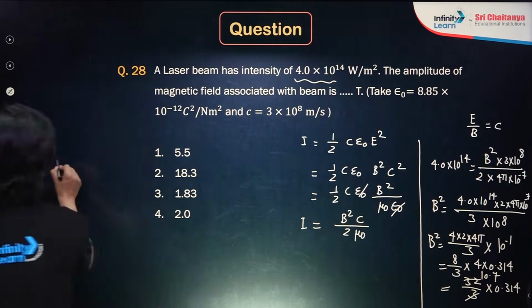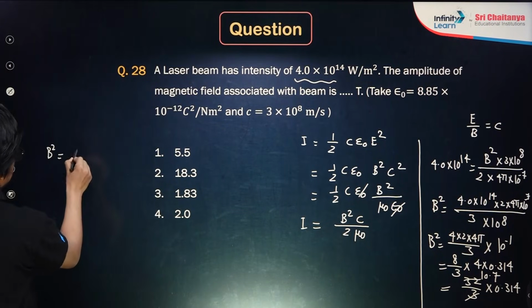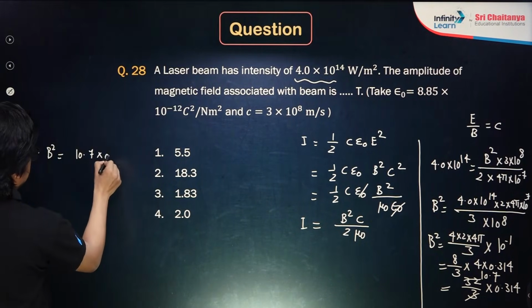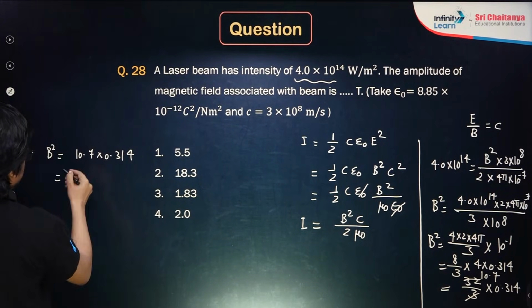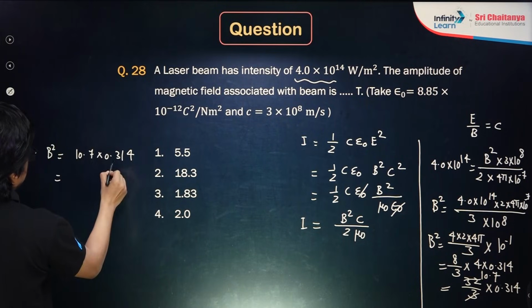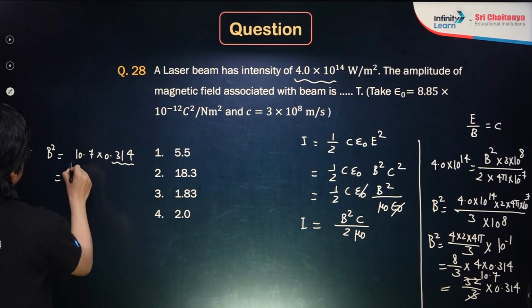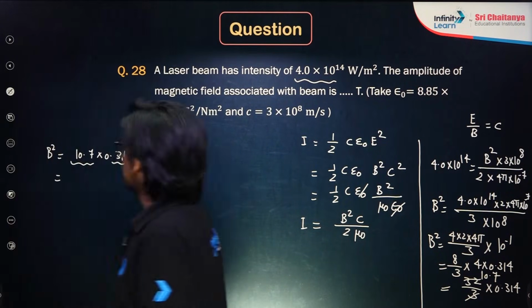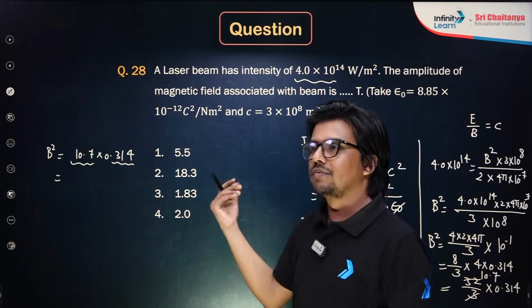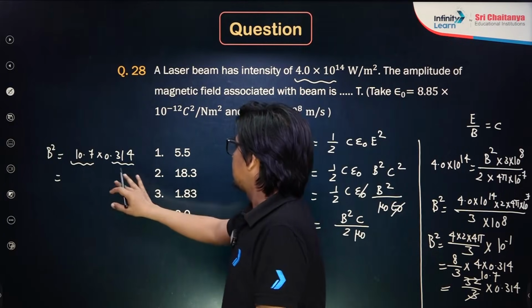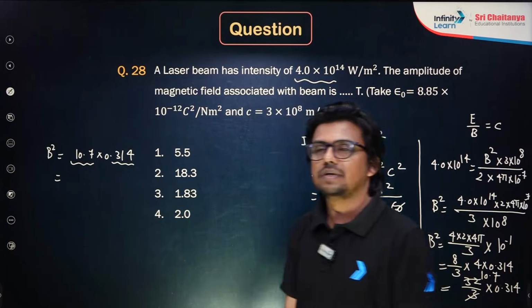B square is 10.7 into 0.314. Okay, so that will be nearly 3, right? If I multiply this 0.314 by 10.7, you are going to get nearly 3 as the value. Square root of 3, that will be nearly, okay. So I can easily guess the answer without doing the actual calculation.